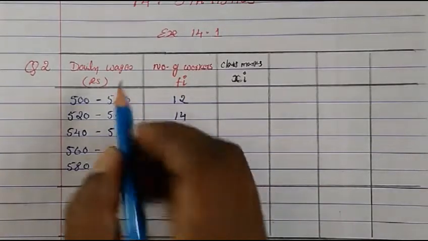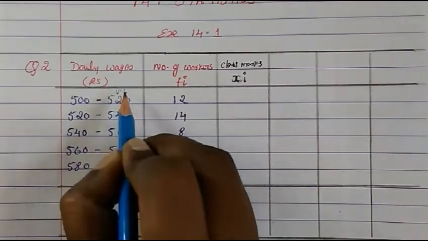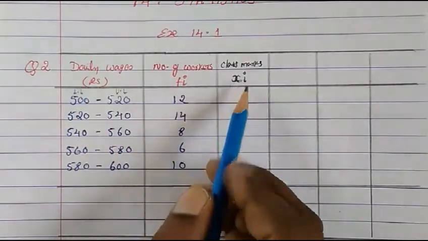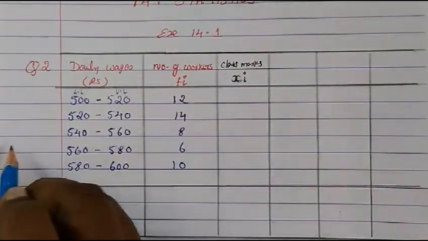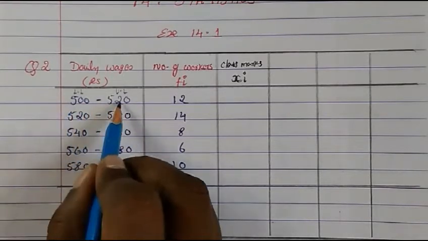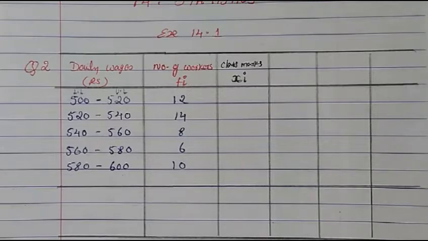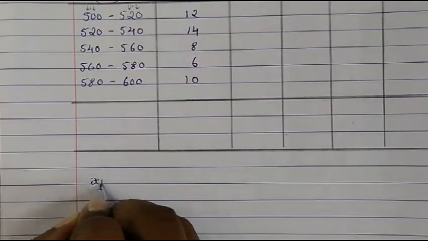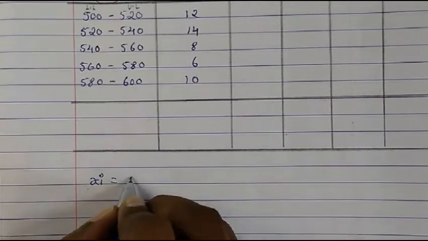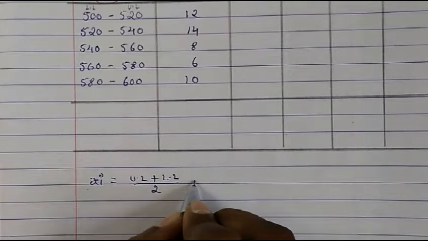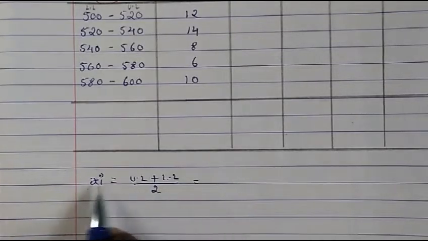To find the class mark xi, you sum up the lower limit plus the upper limit, divided by 2. That's how we find xi.